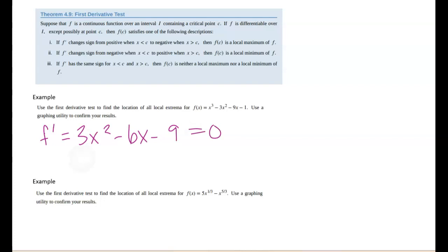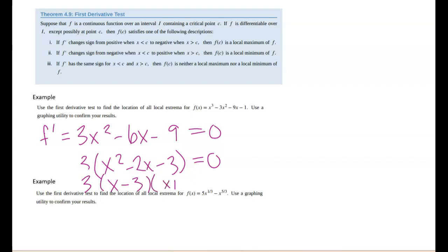Let's factor out a 3: x squared minus 2x minus 3. I'm going to factor this into x minus 3, x plus 1. And so I know that I have two critical points, at x equals 3 and x equals negative 1.